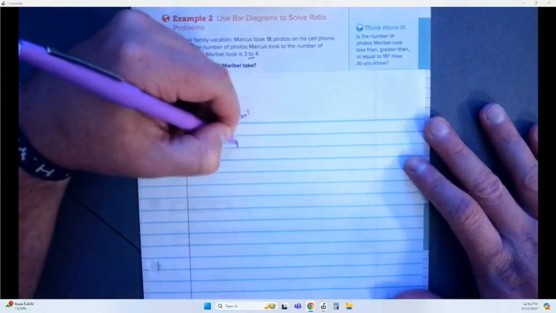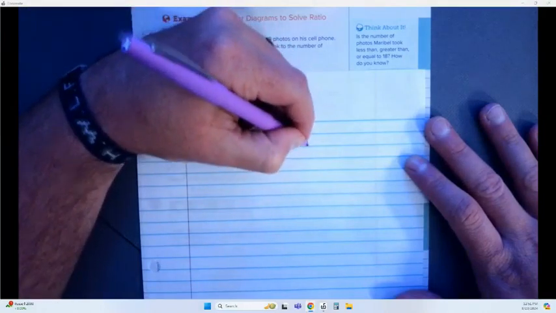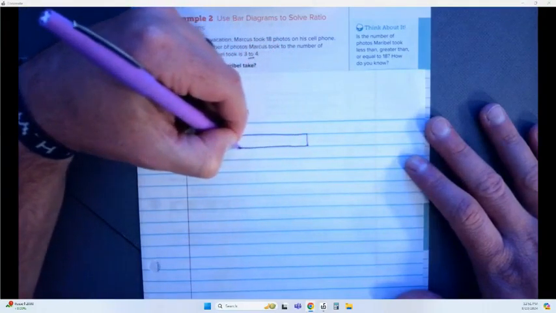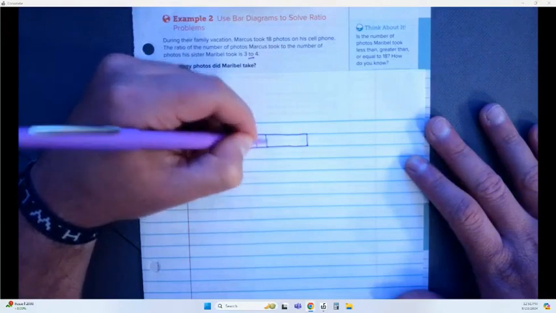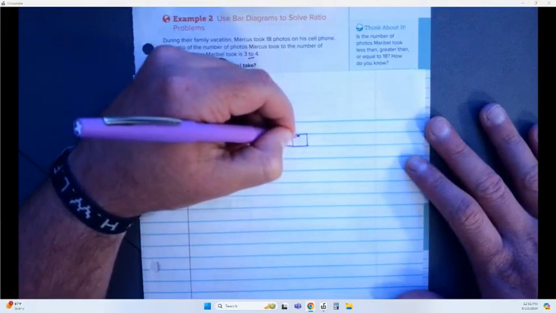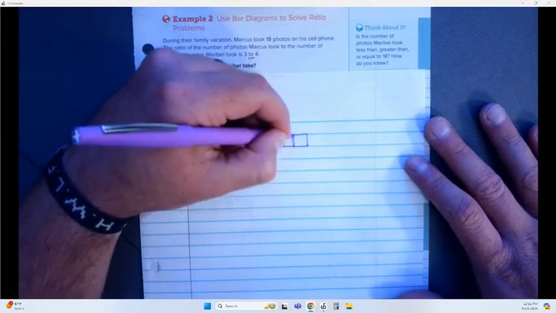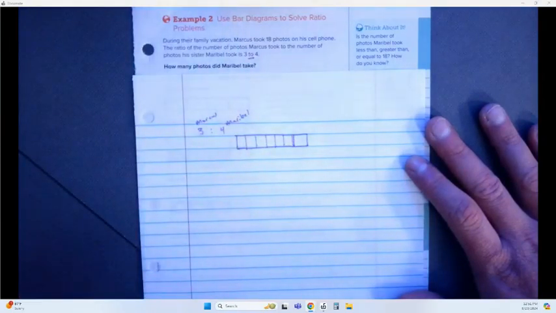So when I draw my bar diagram, I need to cut it into 7 sections. One, 2, 3, 4, 5, 6, 7. Okay?